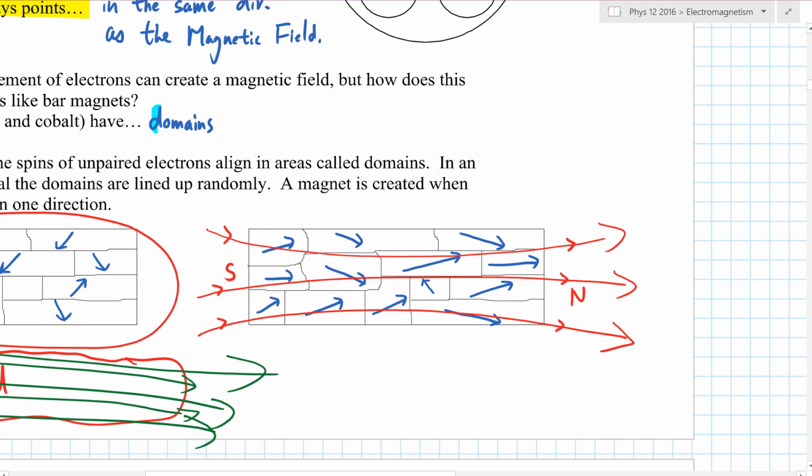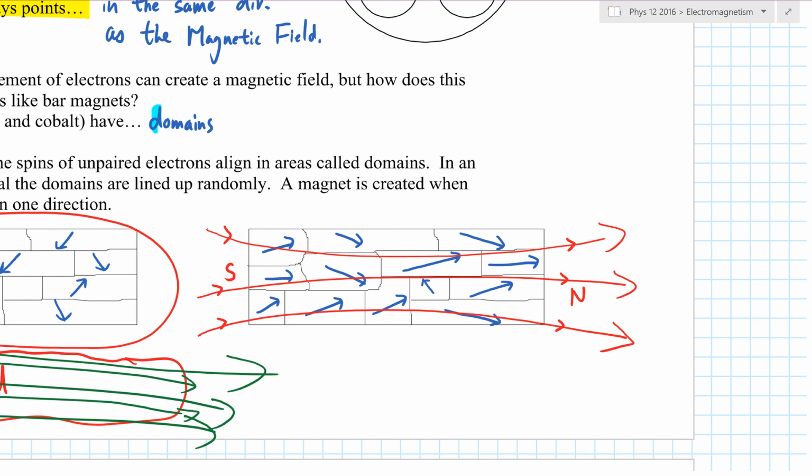Now, unfortunately, these domains are not permanent. Technically speaking, if it's that easy to charge it up, it must be really easy to screw it up too, and have the electrons spinning in different directions. That's actually true. That's why if you have a bar magnet and you drop it on the ground 10 or 20 times, it will lose its magnetic effect, and you will have to put it next to the neodymium for a few days to charge it back up again.